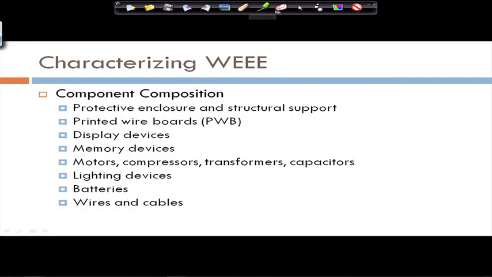If you take an electronic product and take it apart, and put the different components aside, you will find these are the ones which show up. What proportion depends on the type of instrument we are looking at. The composition percentage-wise will change, but these are the different components that you will potentially see in any of these electronics.